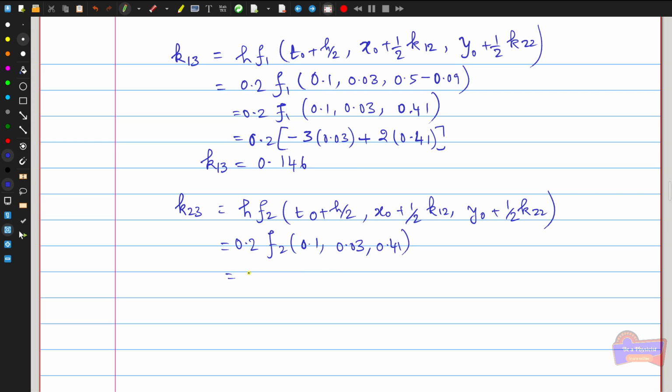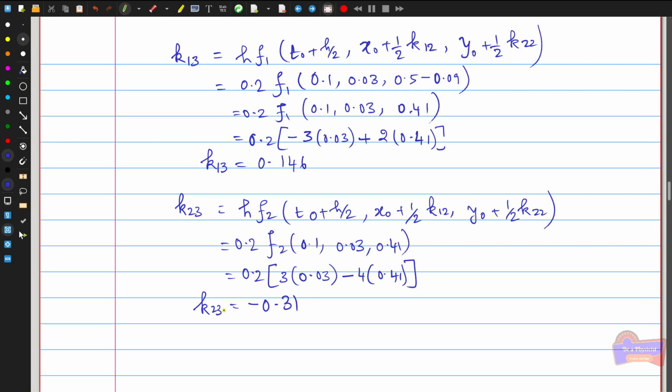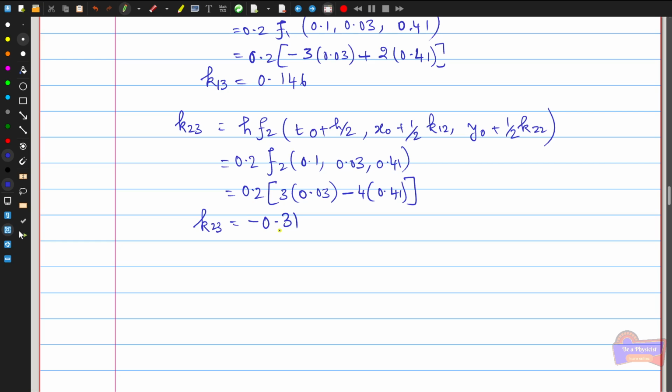In the y equation, 0.2 times 3 times 0.03 minus 4 times 0.41, which will give you the final value of minus 0.31. So that is my slope k23, equal to minus 0.31.